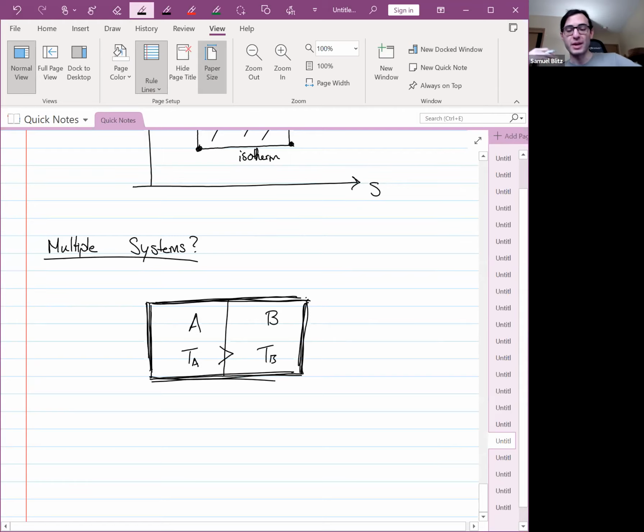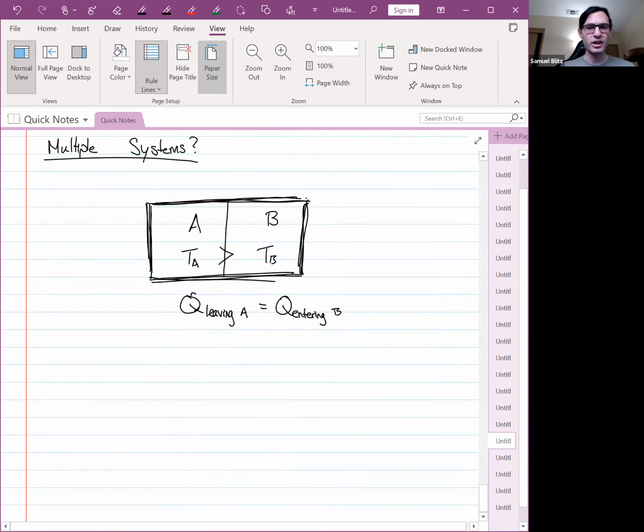So we know that because gas A is at a higher temperature than gas B, heat is going to flow through the wall. The temperature of gas A is going to decrease and the temperature of gas B will increase until they come to equilibrium. So the heat leaving A is equal to the heat entering B. That's just energy conservation because the system is isolated.